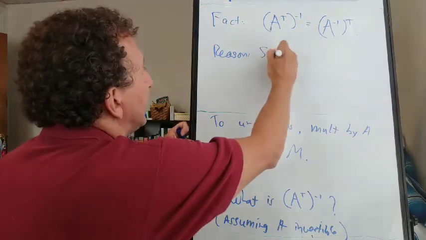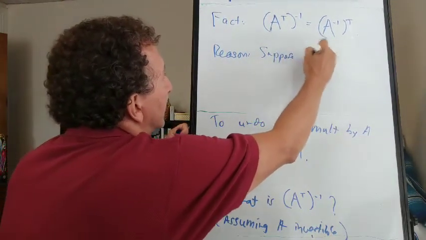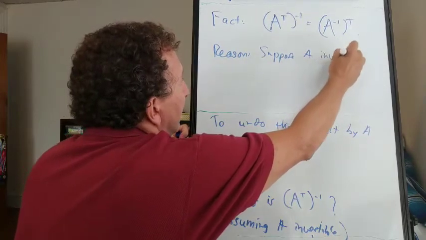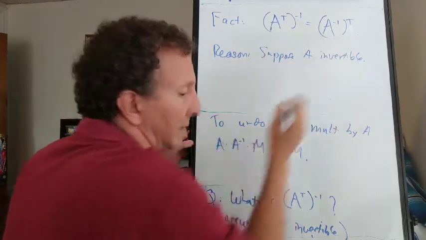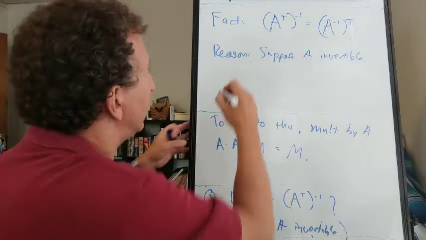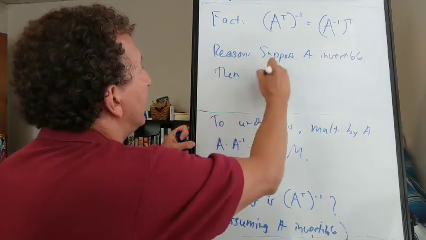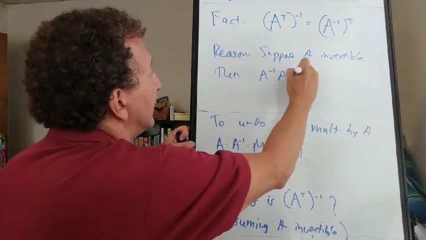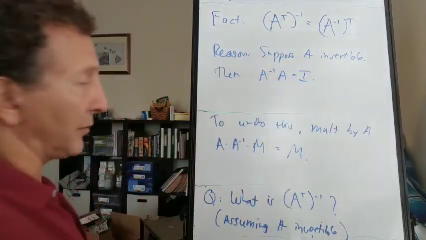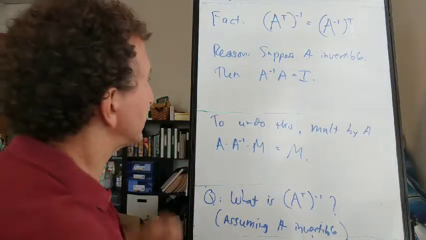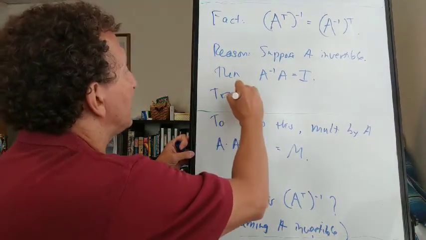So let's suppose A is invertible. Then A inverse A is the identity. That's what it means for A to be invertible. Let's transpose both sides.